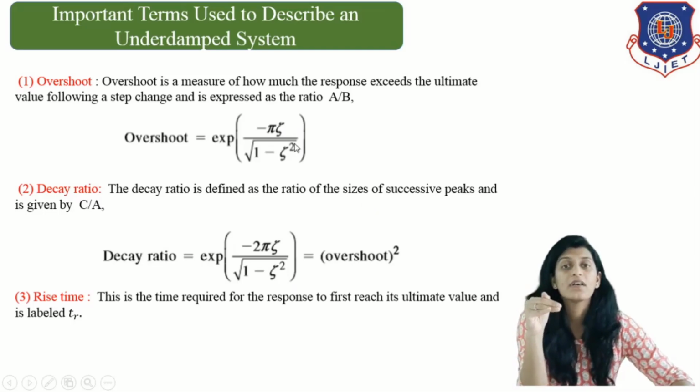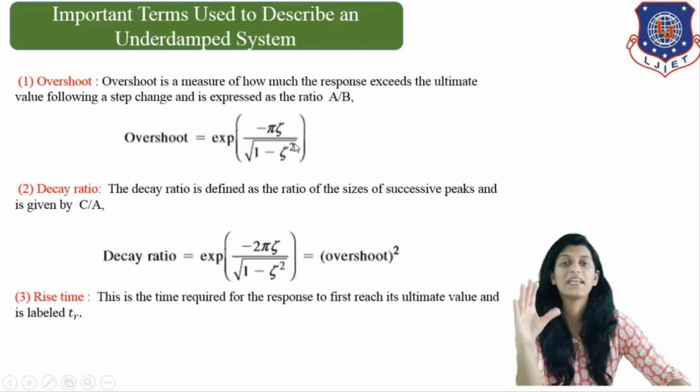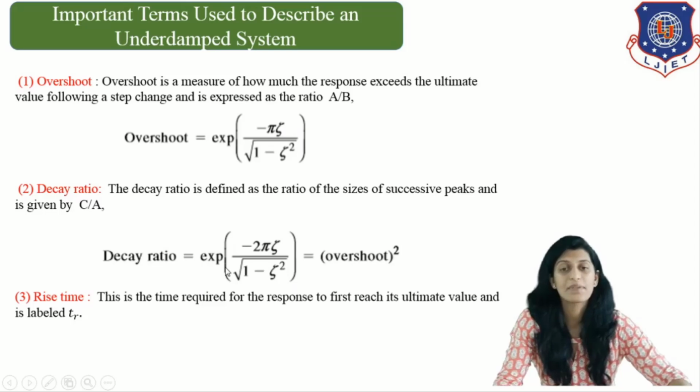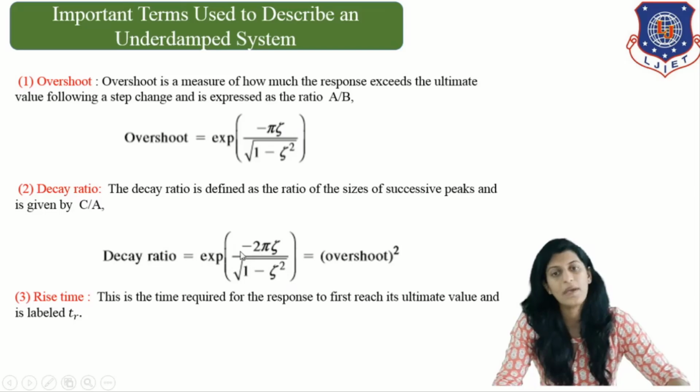How much the size of peaks is getting reduced, that ratio is termed as decay ratio, and it is represented as the square of overshoot. This is equal to exponential of minus 2 pi zeta upon square root of 1 minus zeta square.